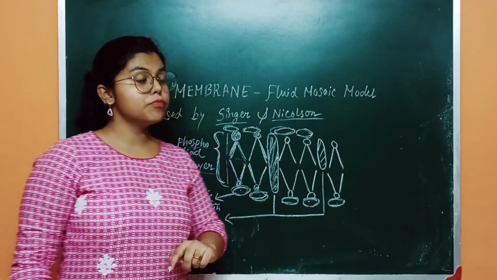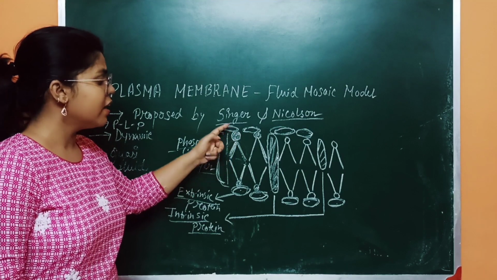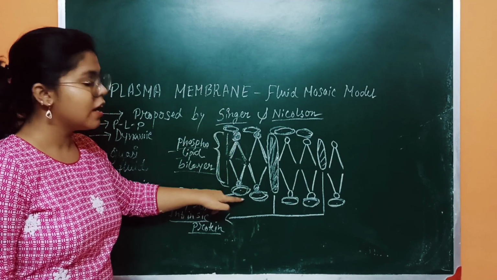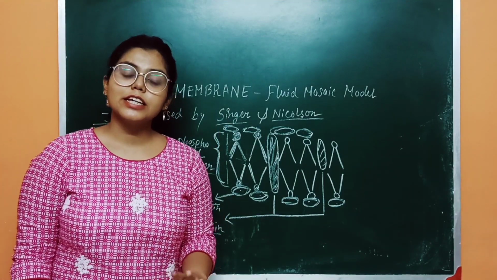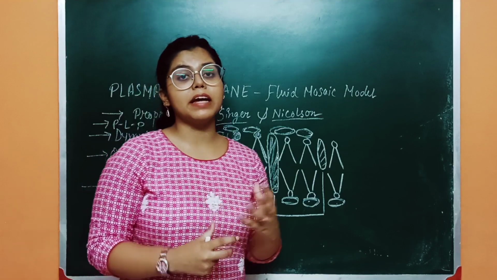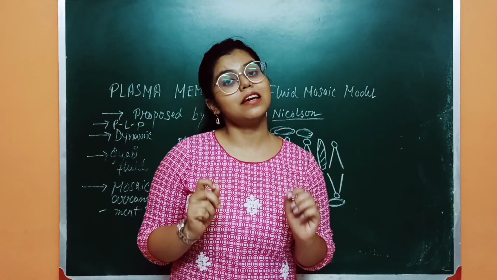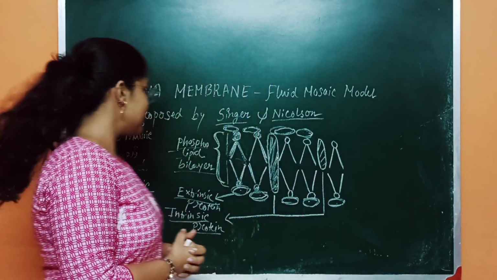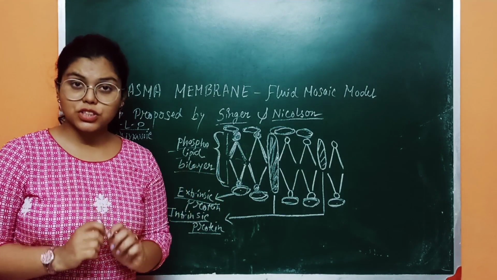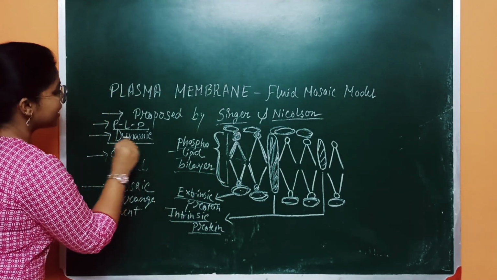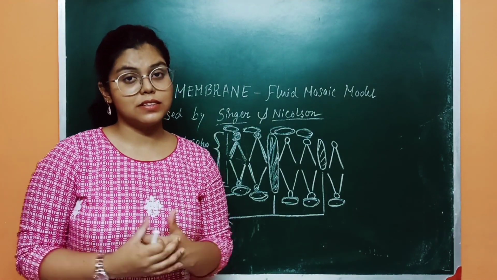Also they can move from outside to inside, that means this lipid can transfer to that side and this can transfer to the outside. This type of movement creates the fluidity and also the elasticity in the membrane. So this is the PLP, the protein-lipid-protein structure, and it is dynamic in nature, right? So that is why it is known as fluid.